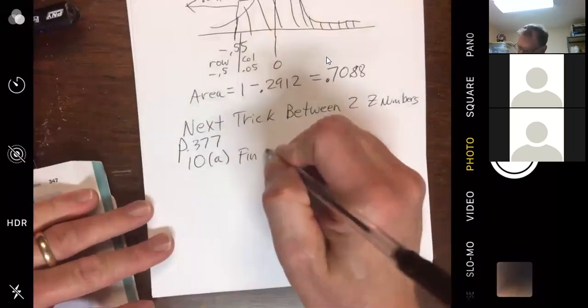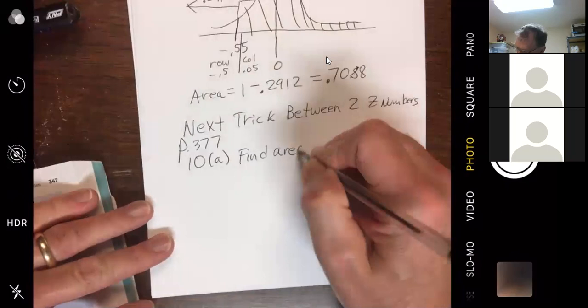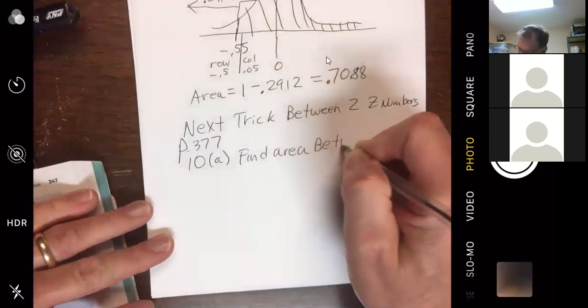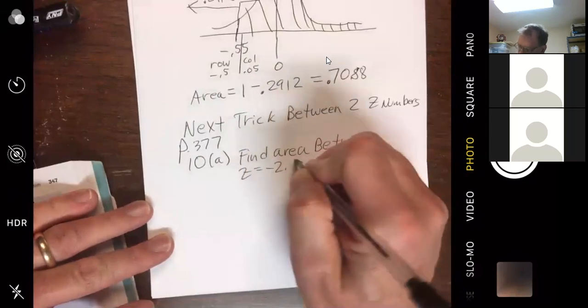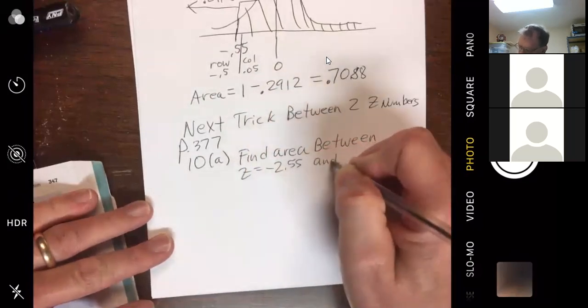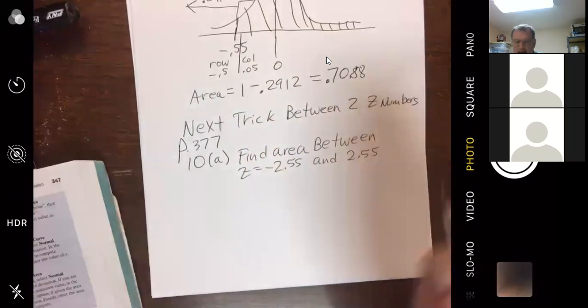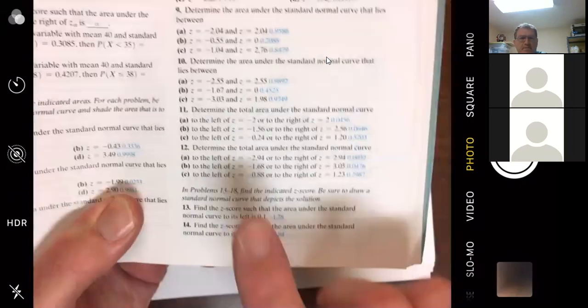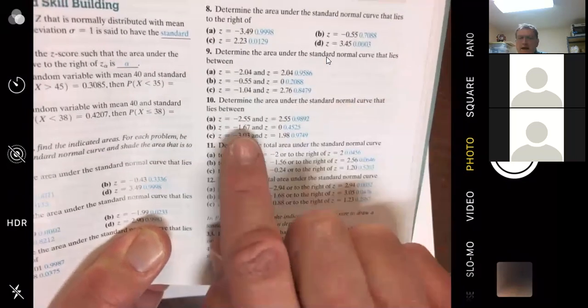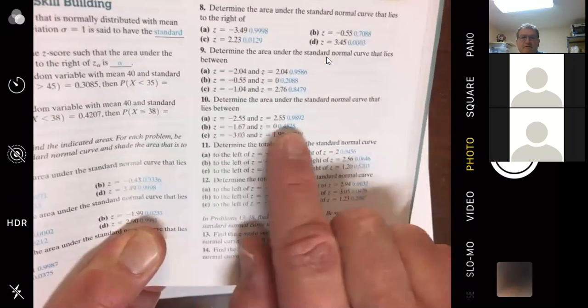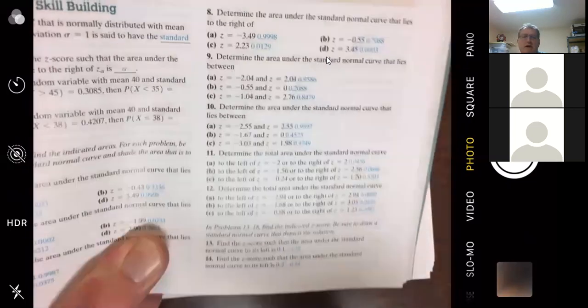Find area between Z equals negative 2.55 and 2.55. I'll flash it up just to paraphrase it: area under the curve between negative 2.55 and positive 2.55. So you've got two different Z numbers.